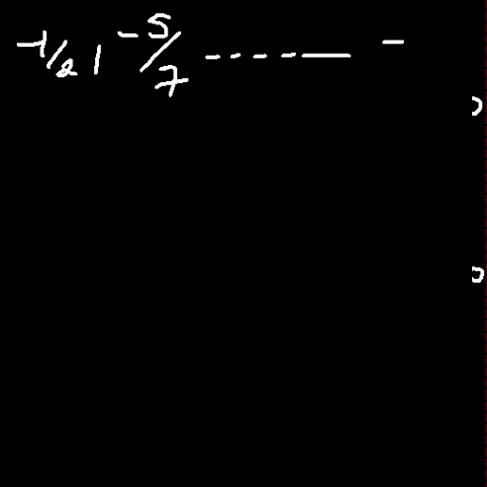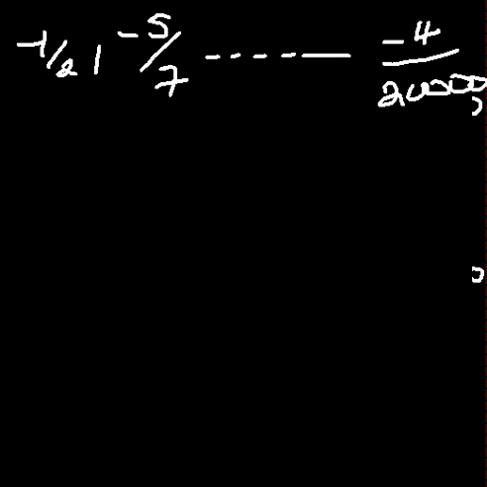Let's say we have an arithmetic progression series given as -5/7, and let's say up to -4/20,000.